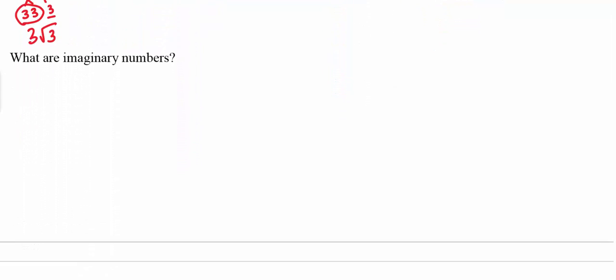So what is an imaginary number? An imaginary number is a negative under the square root.